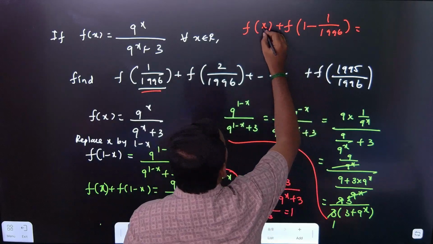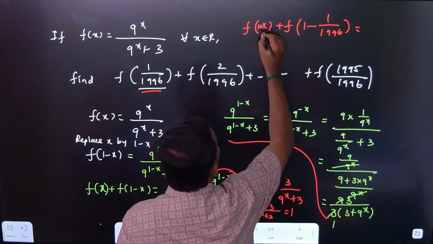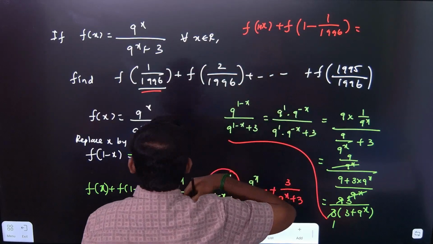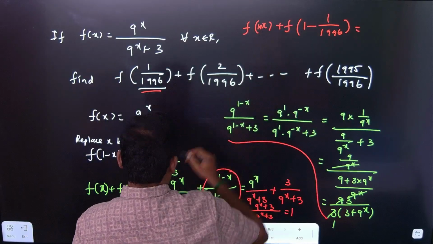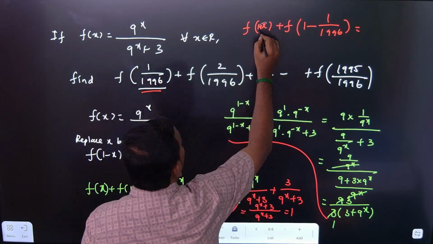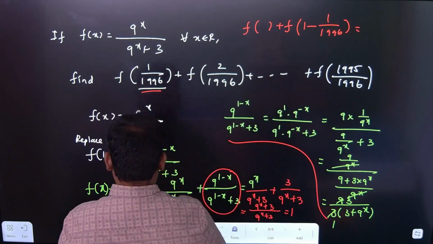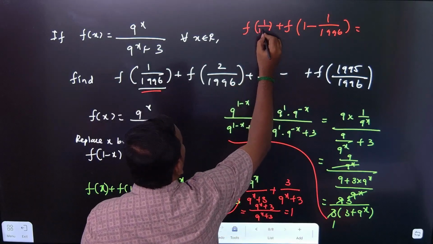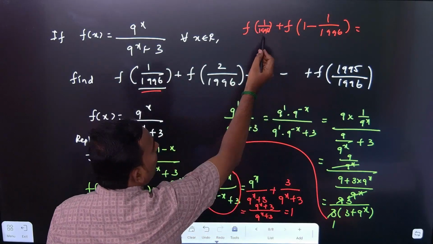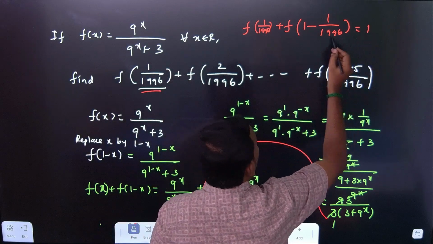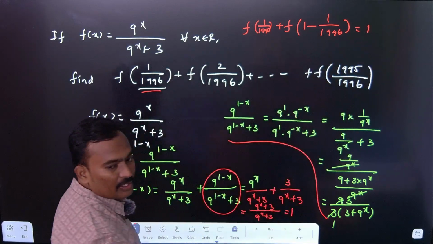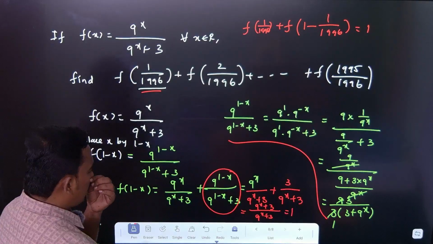So definitely you can replace here 1 by 1996. This is your x. 1 minus 1 by 1996 equals 1. That means if you take the LCM, you will get the last term. Understand? Okay.